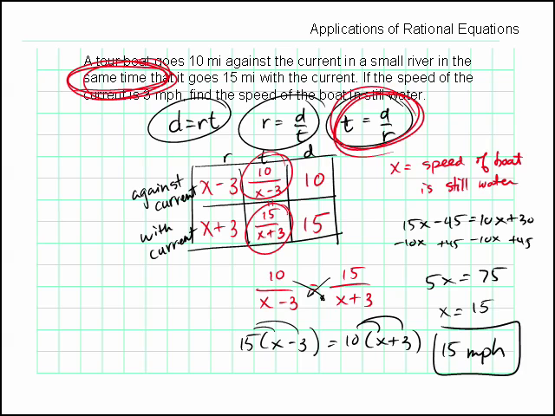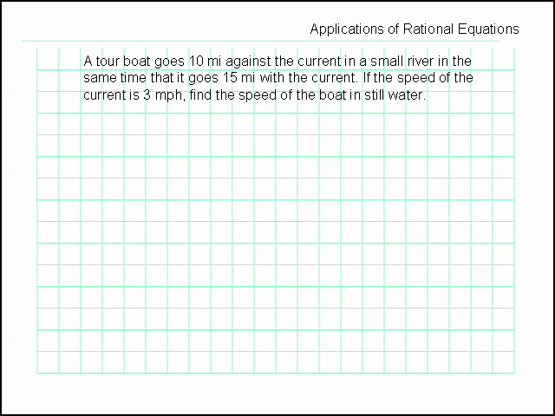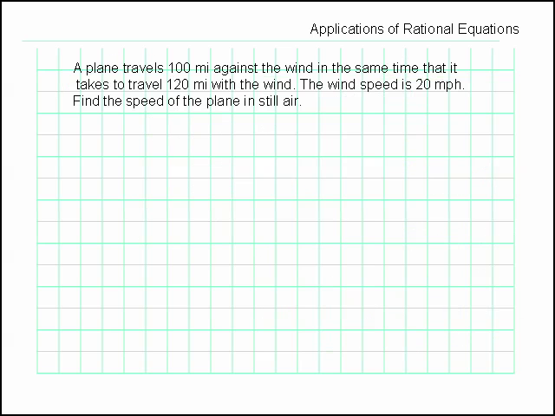Let's look at another rate time distance problem very, very similar to this one. A plane travels 100 miles against the wind in the same time that it takes to travel 120 miles with the wind. The wind speed is 20 miles per hour. Find the speed of the plane in still air.